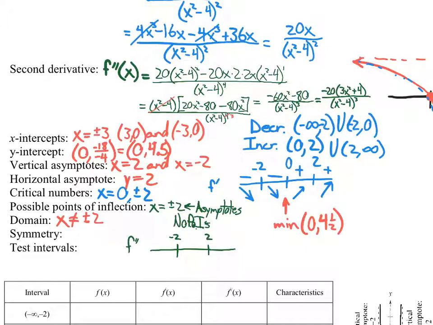And if I plug in like a -3 into my second derivative, notice here, -3 squared is going to be positive. -3 squared is a +9, minus 4 is a positive. So if I have -20 times a positive over a positive, what do I get?